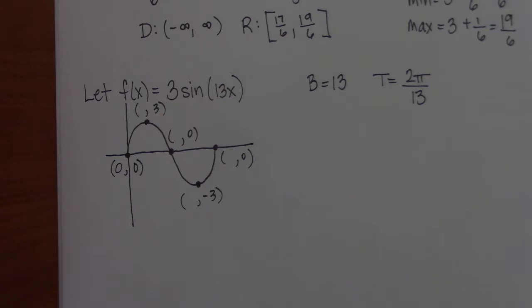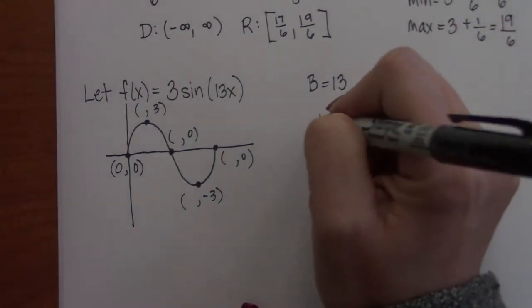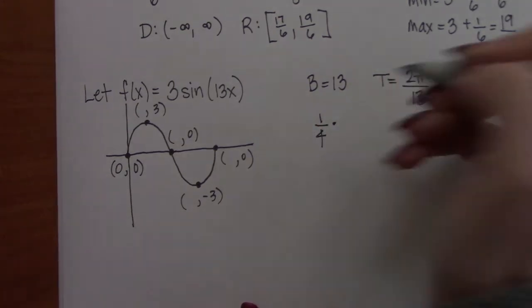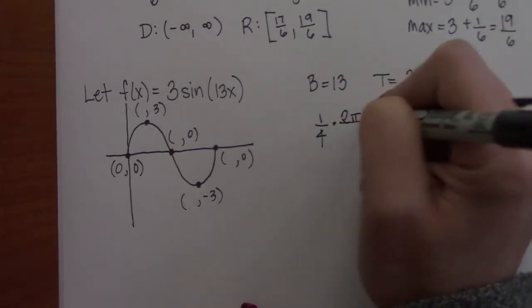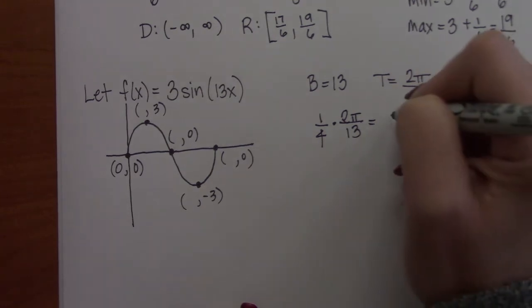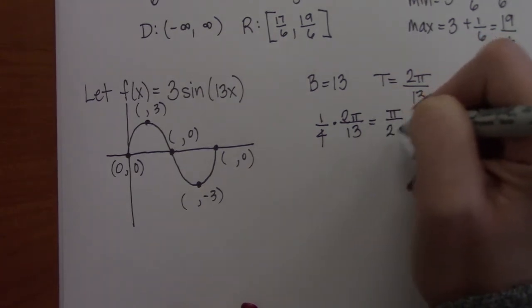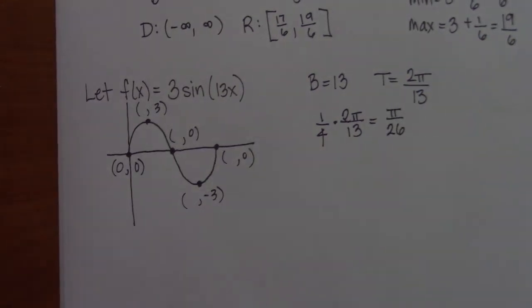Then what you're going to do, and it's always going to be a fourth, is multiply your time period by 1/4, and that gives you the increments all the way across. So if we multiply 1/4 times 2 pi over 13, this simplifies into pi over 26.